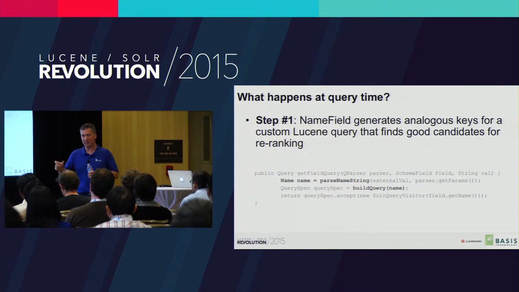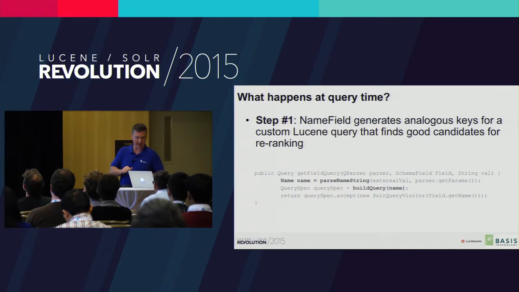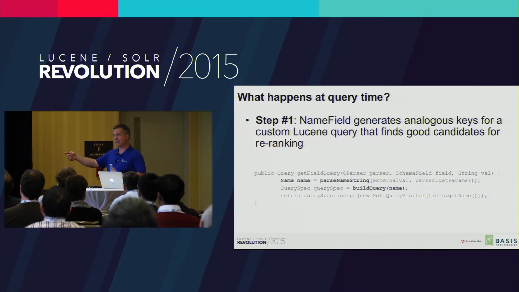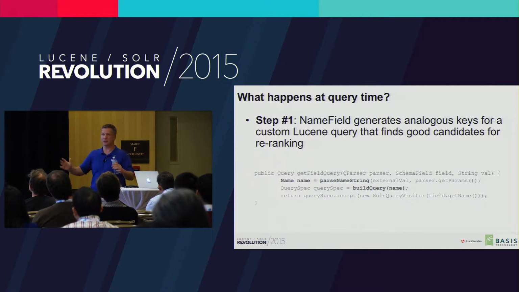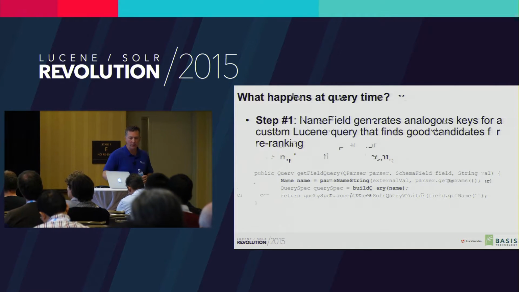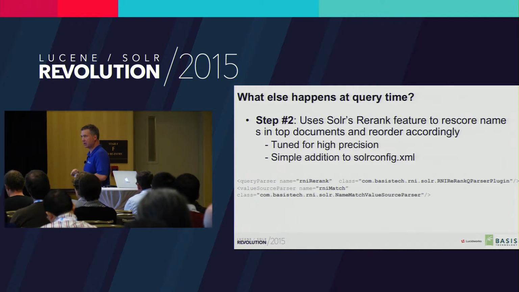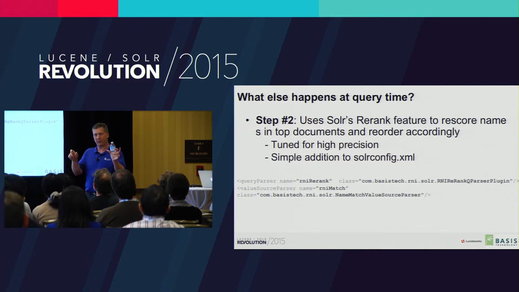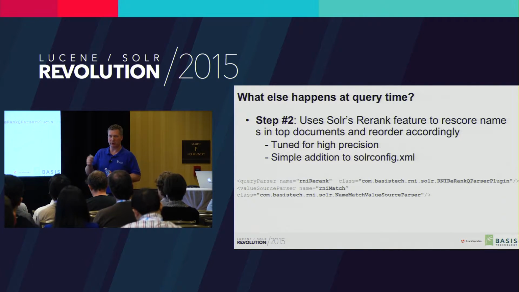We take that name and we break it up into tokens, and we look at things like nicknames and whatnot, and then we query against all those high recall keys, and we get back a lot of results, right? It's a high recall pass intentionally, and then we use Solr's re-rank function to look at each of those that are returned from the index against our search term, and we rescore them. We use our own scoring methodology.